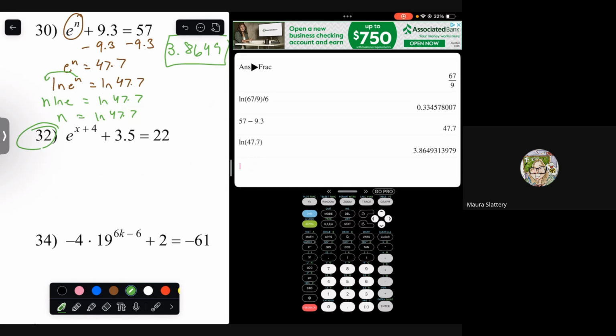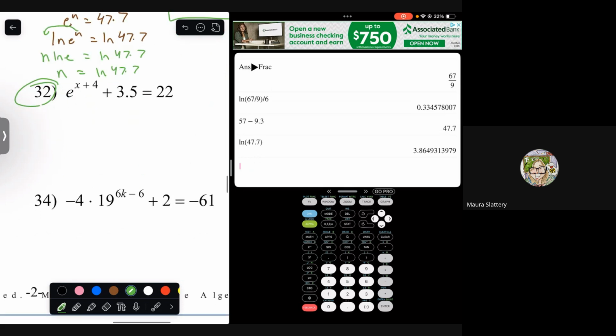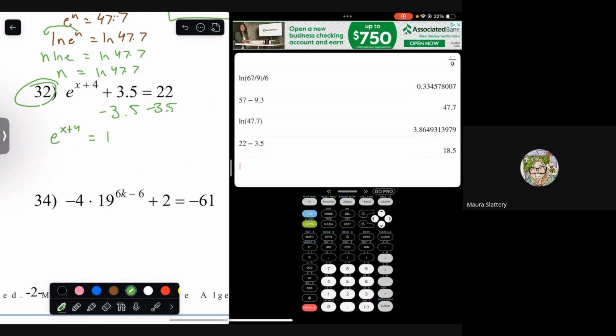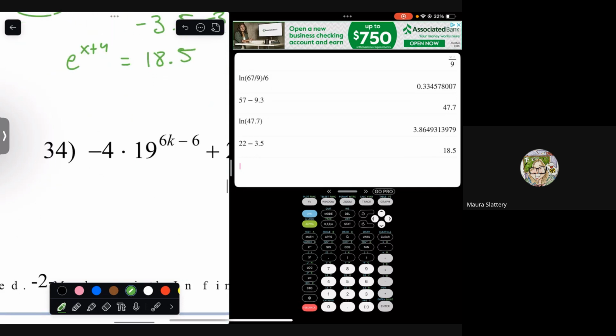All right. So hopefully you subtracted 3.5 from both sides. We get e to the x plus 4 is equal to 18.5. We're going to take the natural log of both sides, and the x plus 4 comes out in front. We should end up with x plus 4 equals the natural log of 18.5.